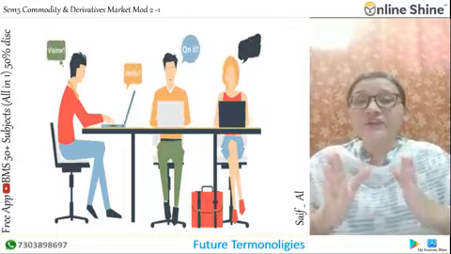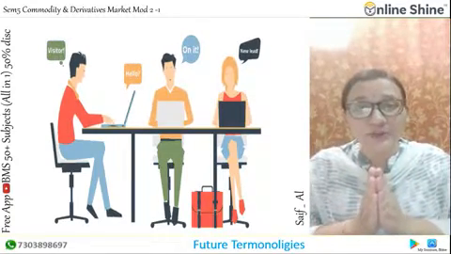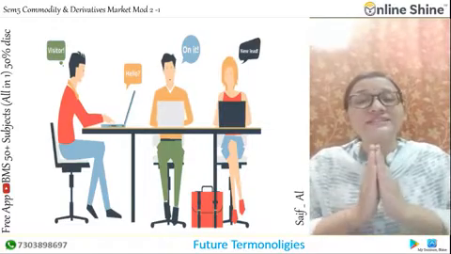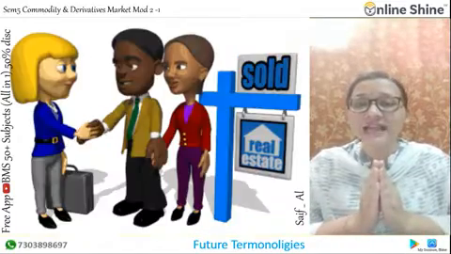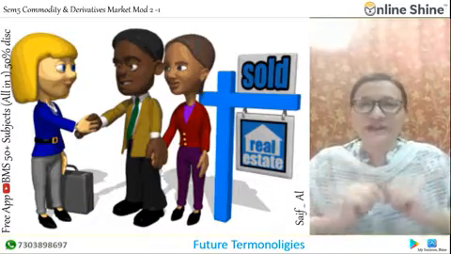But if both buyer and seller agree on a contract of 10 contracts, it is not 20, it is overall 10 contracts.